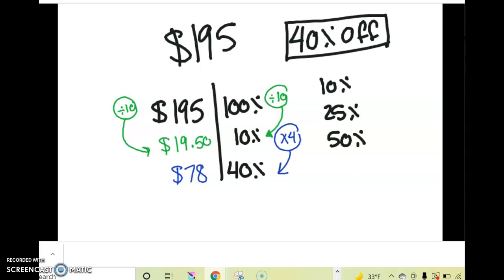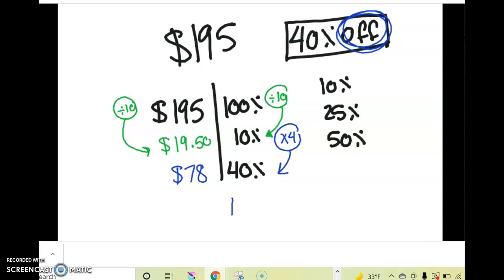This is not my answer, though. Remember, my coupon said I'm taking 40% off of my original price. So in order to figure out how much money I'm actually spending on books, I need to take 40% off of $195 through subtraction.